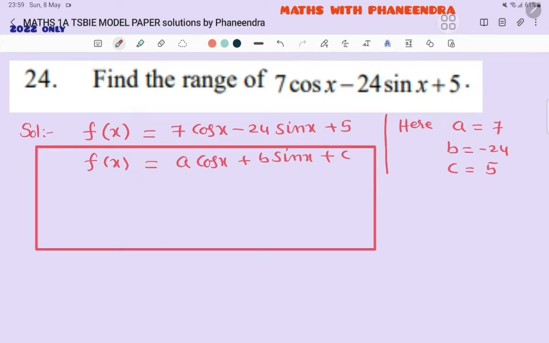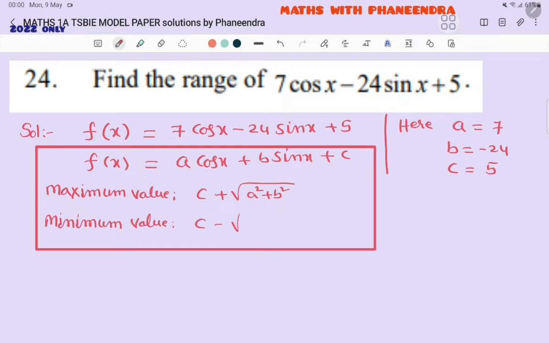For this f of x, the maxima and minima values. Maximum value is what? c plus root over a square plus b square. Minimum value is c minus root over a square plus b square.